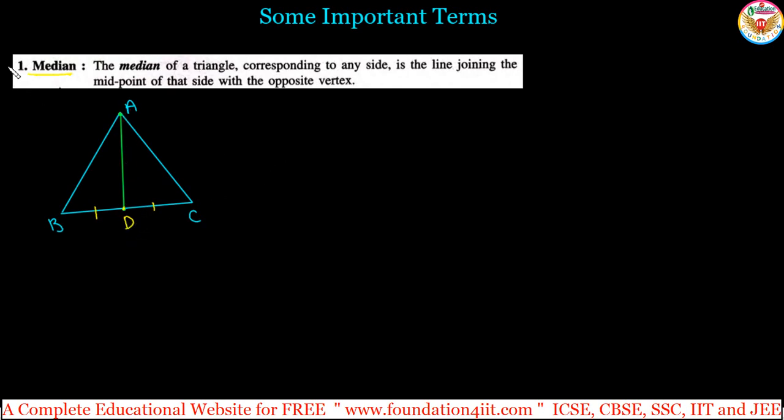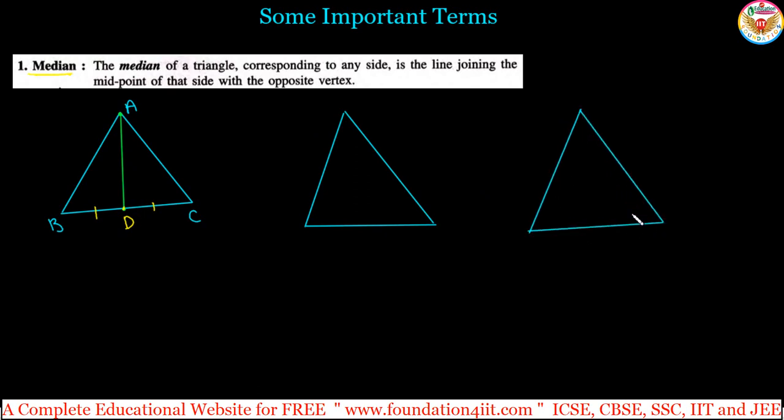Again, we can make three medians in total. From vertex A, we have done one, right? Let's take the same triangle ABC. In this first example, AD is the median. So in total three medians we can make. From B to the midpoint of the opposite side, again from C to the midpoint of the opposite side.